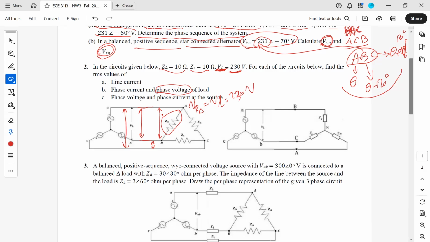And since we know the voltage across each impedance and the amplitude of the impedance itself, we can easily calculate the phase current in the delta connection by simply dividing the phase voltage by the impedance.